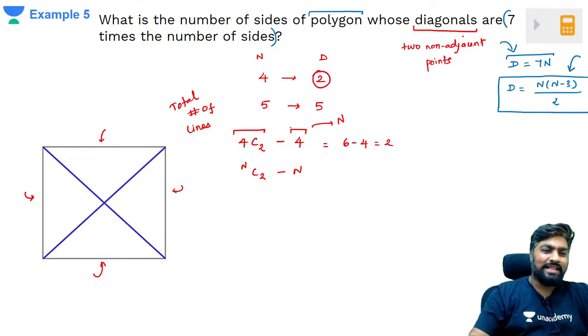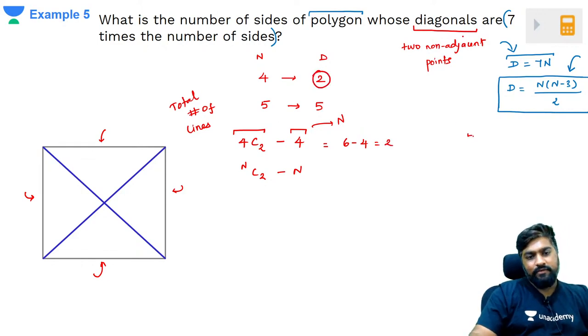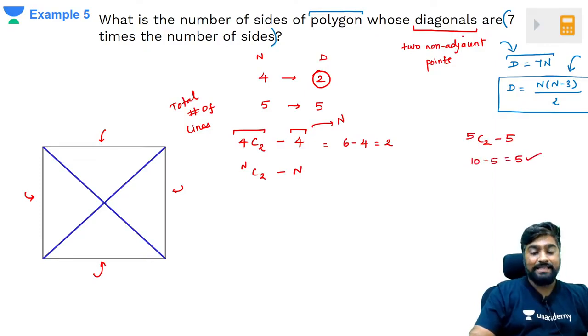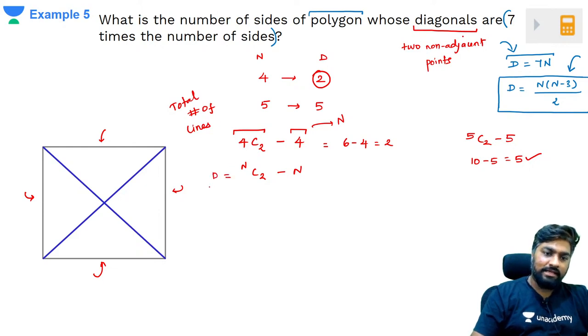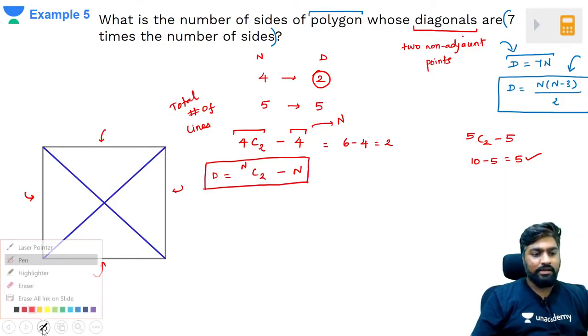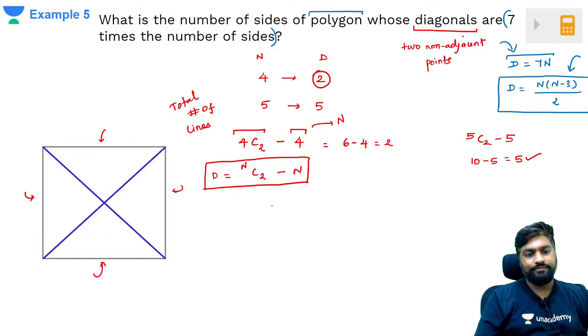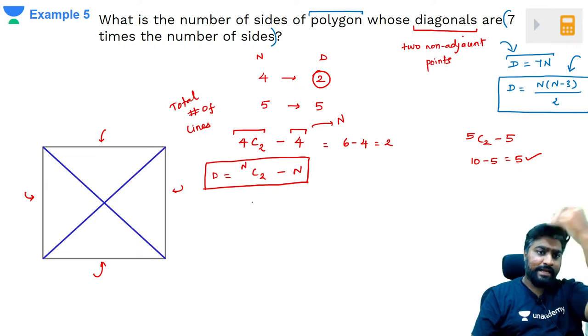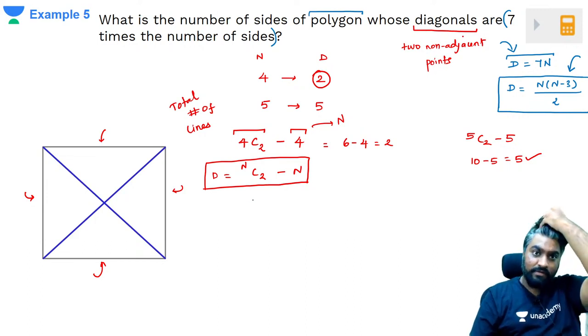Let's try that with a pentagon now. 5C2 minus 5, correct? 5C2 is 5 into 4 by 2, that is 10. 10 minus 5 is 5, makes sense. So by logic, what did we derive? Number of diagonals is nC2 minus n, where n is the number of sides of the regular polygon. Cool? Sorted?